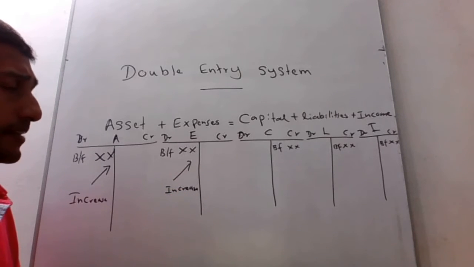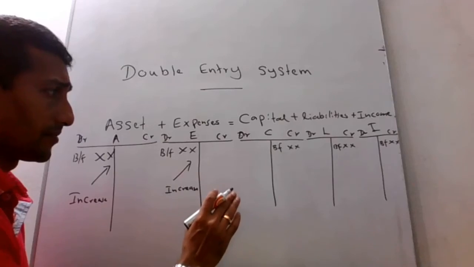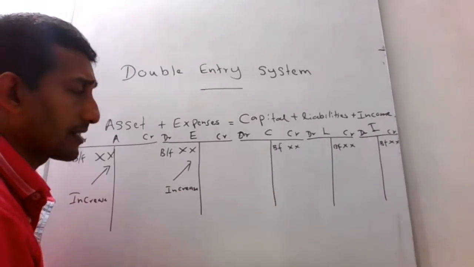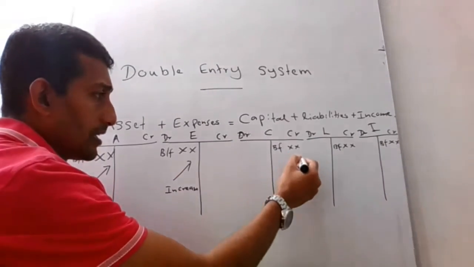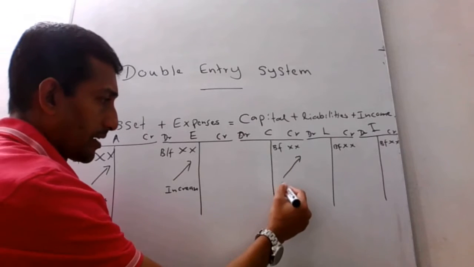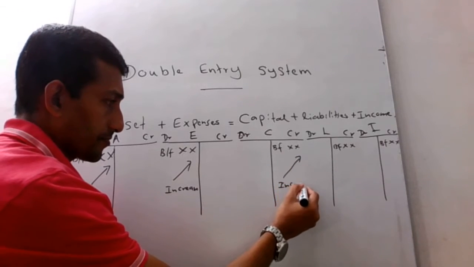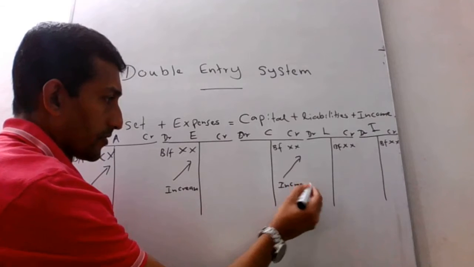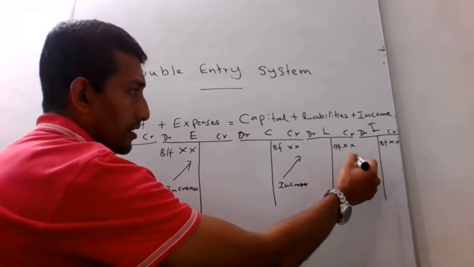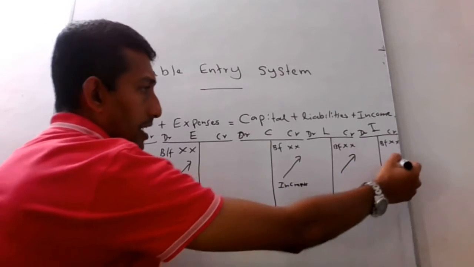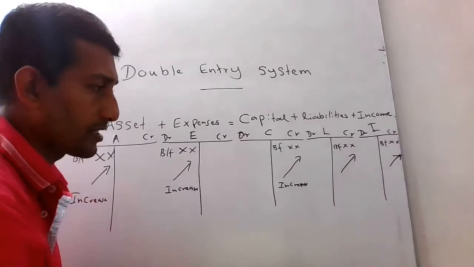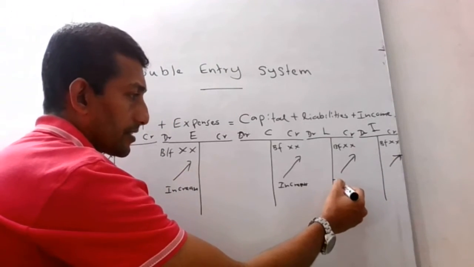At the same time, if I want to increase capital, since my balance is on the credit side, I need to credit it. Same as liability and income. If I want to increase, I need to credit.